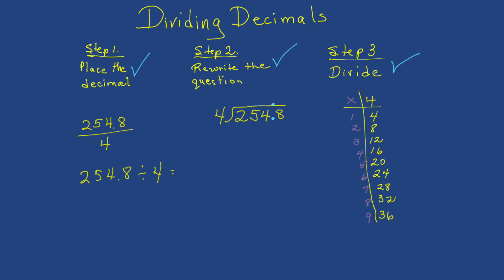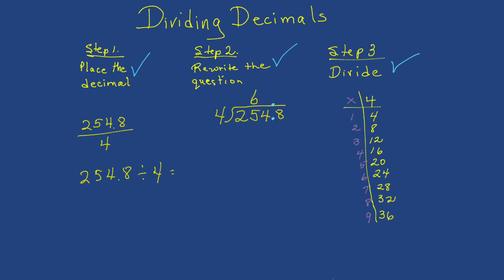How many 4s are there in 24? Well, there are 6 4s in 24, and that's pretty close to 25. 28 is too much. So therefore, we will write down 6, and 6 4s will go right above the 25, because that's what we divided into.